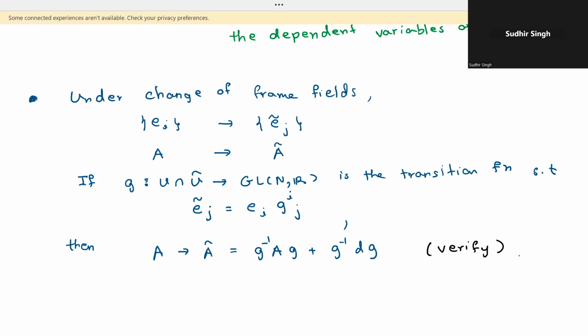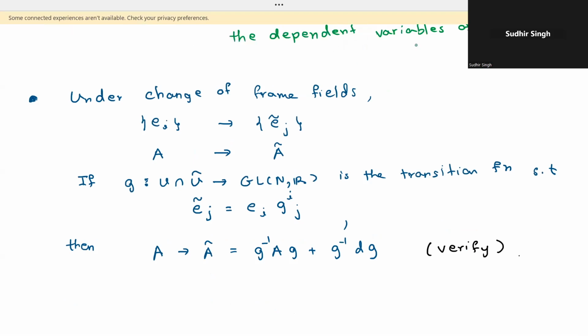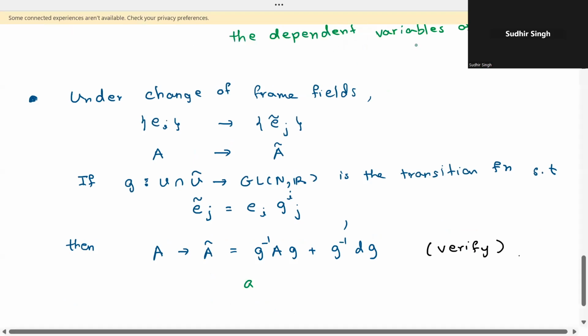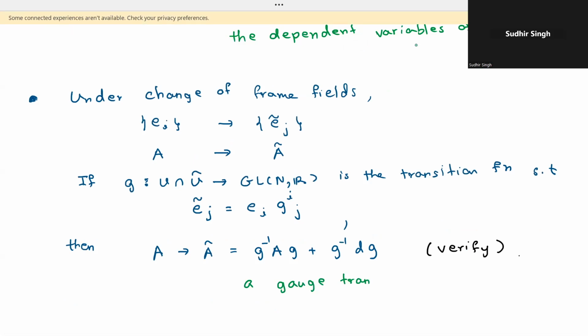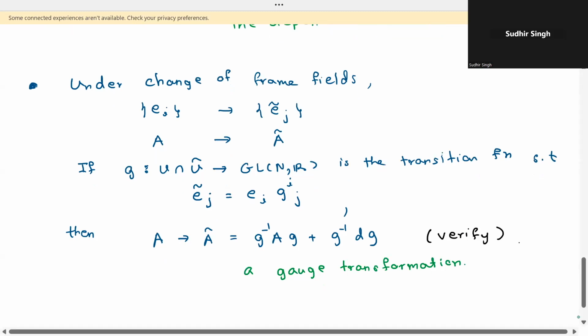And the change of frame field, in the physics literature, we call it a gauge transformation. So gauge is like frame field in that sense, a choice of frame field.